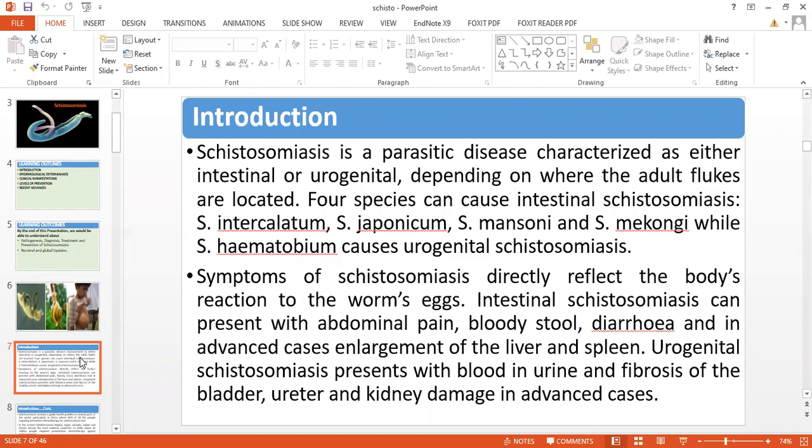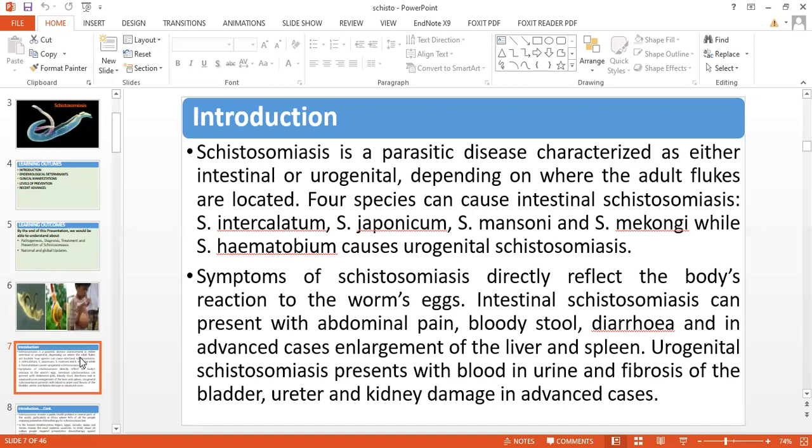Four species can cause intestinal schistosomiasis. These are Schistosoma intercalatum, Schistosoma japonicum, mansoni, and mekongi, while Schistosoma haematobium causes urogenital schistosomiasis.